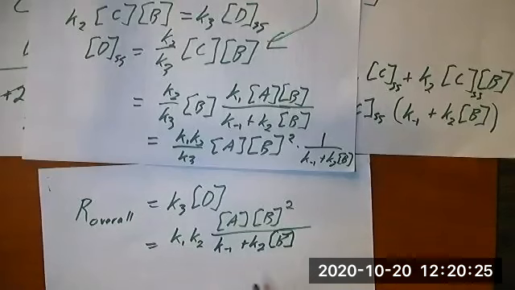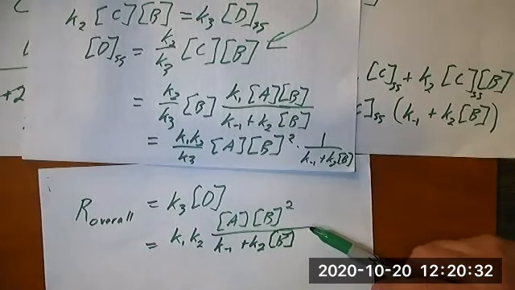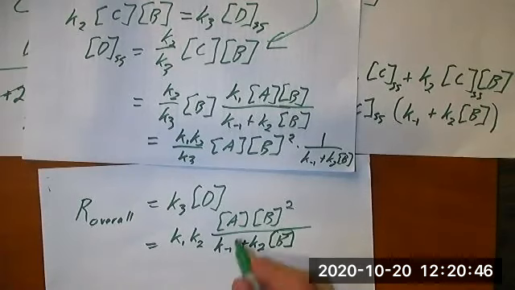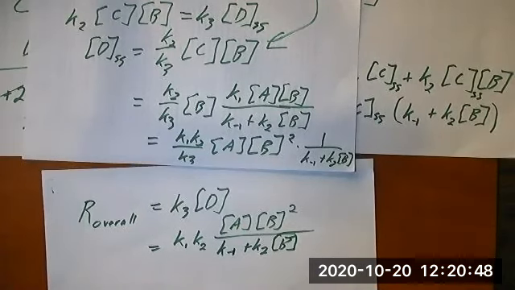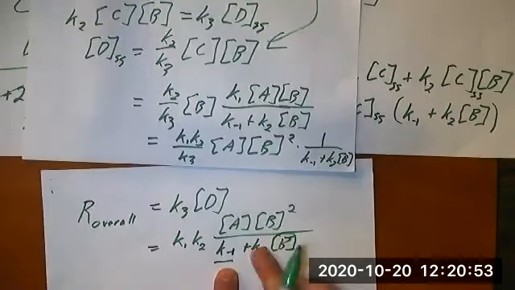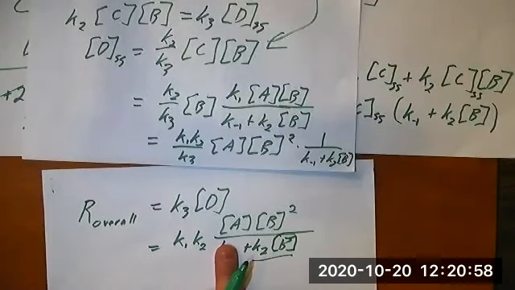Whenever you see a case like this where you have two terms in the denominator, you have a situation where there isn't a straightforward reaction order. This isn't just a rate constant times concentrations to various powers. But usually you can identify two different regimes for this to be operating under. Either this is big compared to this, in which case we neglect this one, or this is big compared to this, in which case we ignore this one.